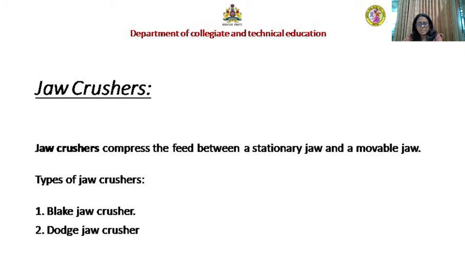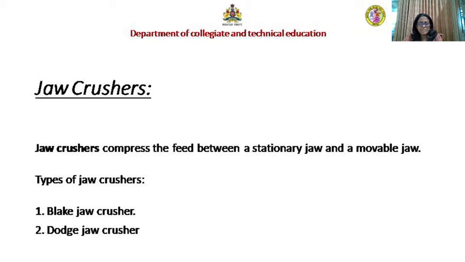Most of the crushers are low speed machines. Similarly, the jaw crusher is also designed in the same way. Coming to its principle, the jaw crushers mainly employ compression as a mechanism for size reduction.